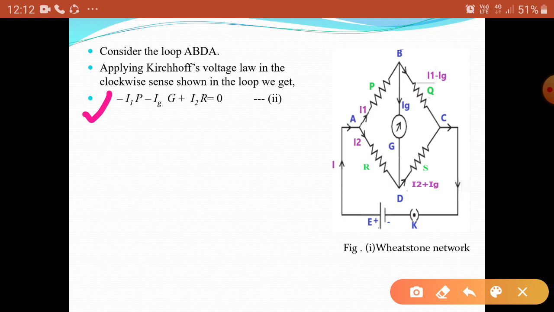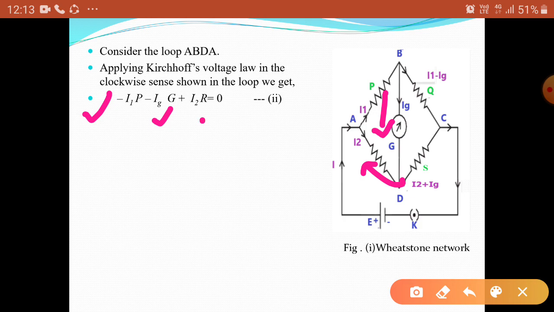Then current is passing through the galvanometer, as this time the direction of conventional current as well as the tracing of the loop is the same. That's why we get here the potential difference across the galvanometer is minus IgG. It reaches point D. Now the direction of conventional current and the tracing of the loop is opposite.